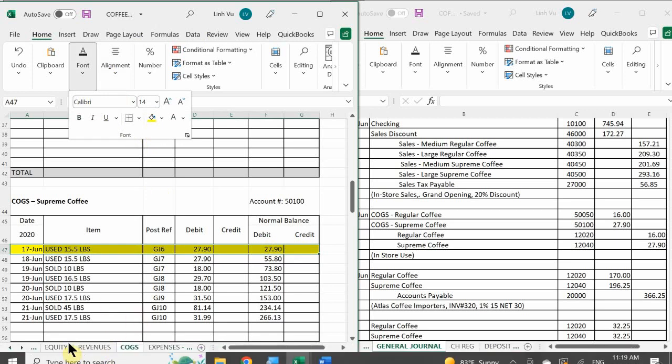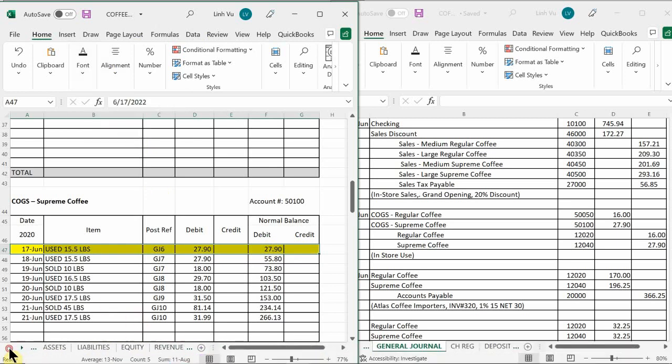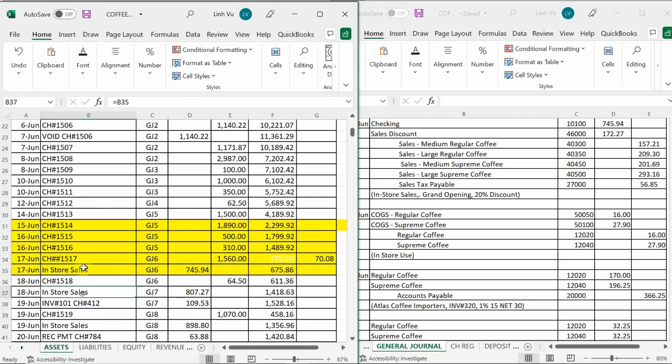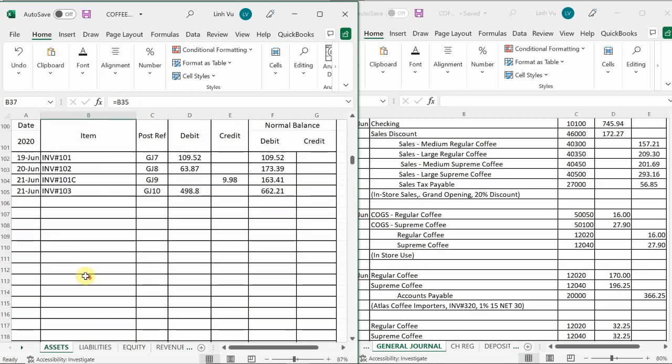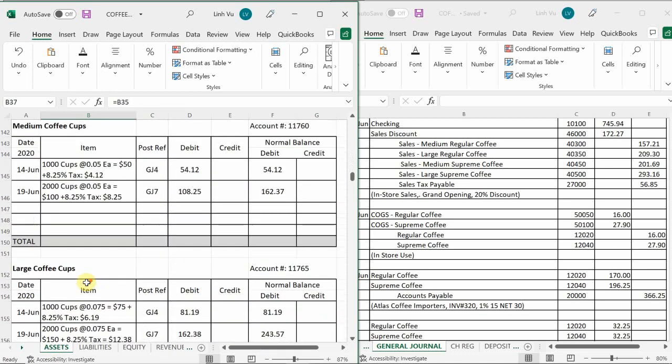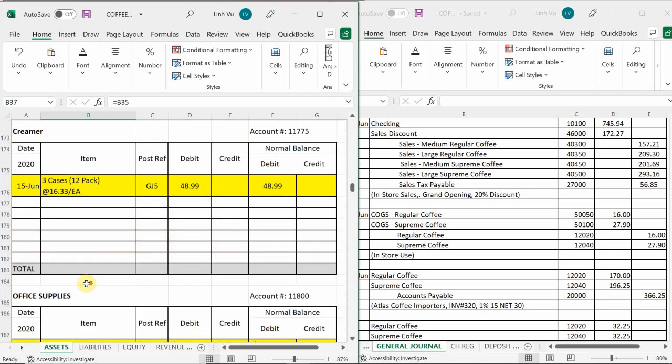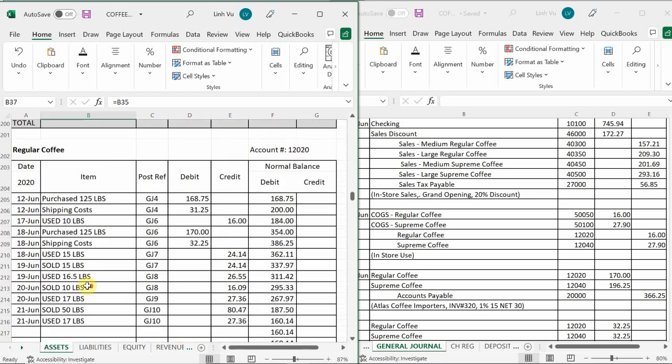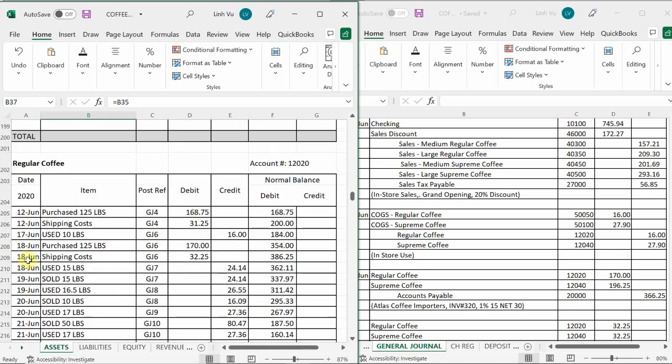Okay. Then we need to update our inventory. Did we paste this in here? Okay, here's my regular coffee. We sold it for the first time on the 17. Okay, for the $16.